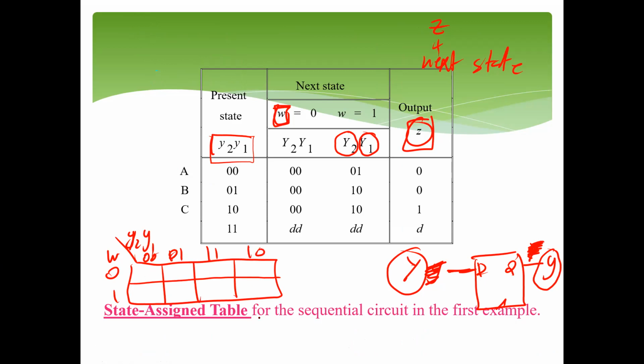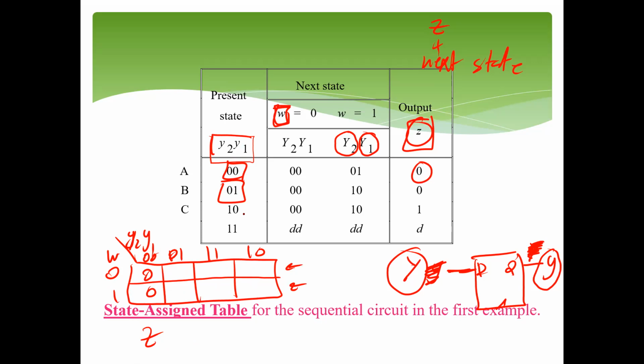Okay, and we fill that from the state table. What's the value of the output at each given combination? Since Z does not depend on W, these two lines will be the same. At state 0 0 the value of the output is 0, so this will be 0 0.